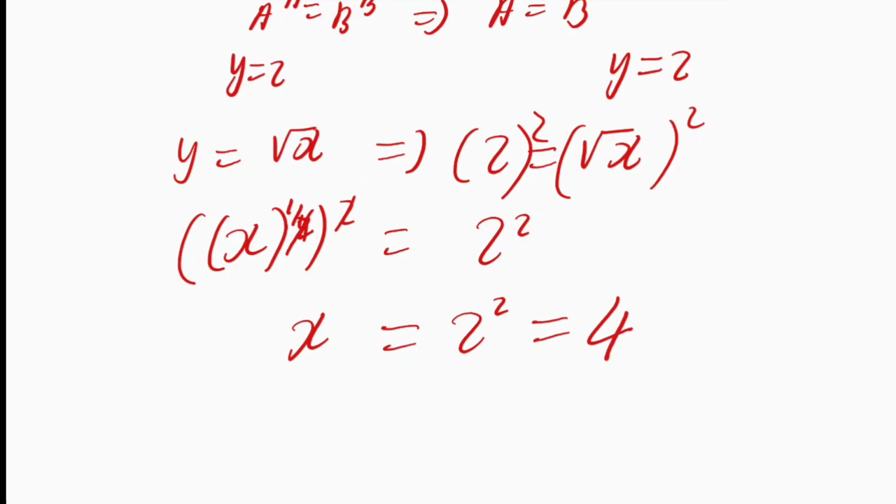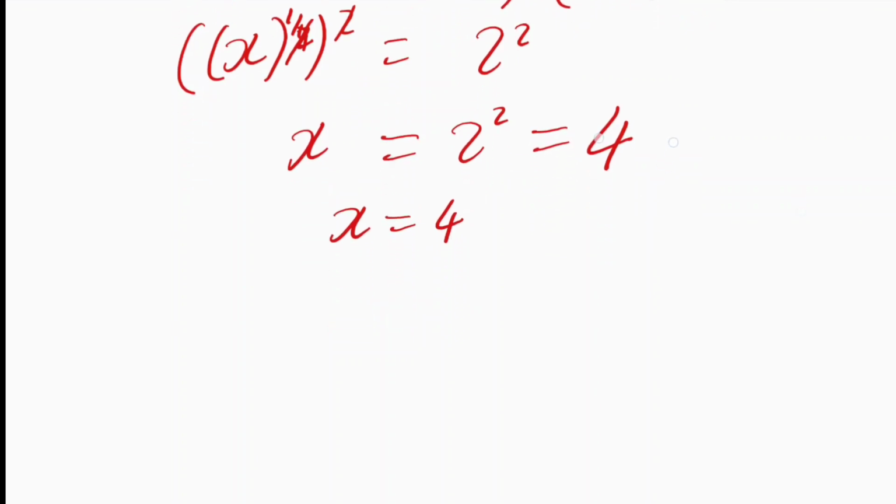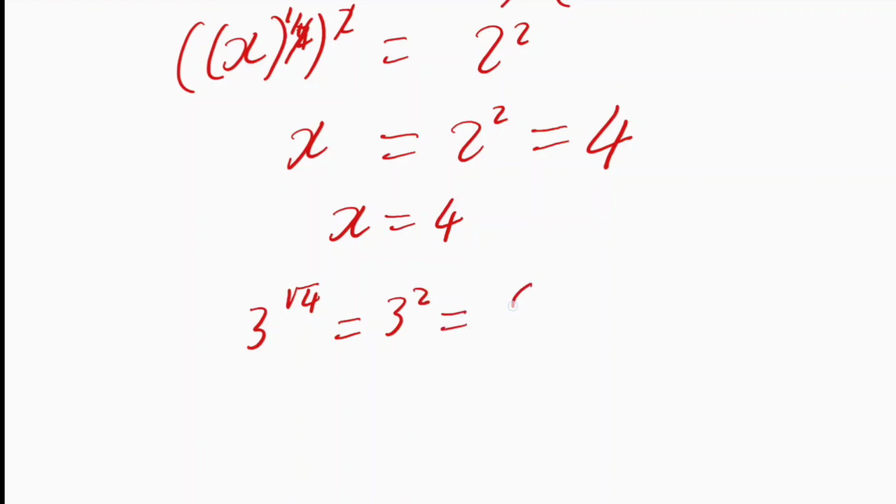So for us to test everything, we're going to plug this x equal to 4 back into the original equation. We see 3 to the power of the square root of 4 is equal to 3 square, which is equal to 9.